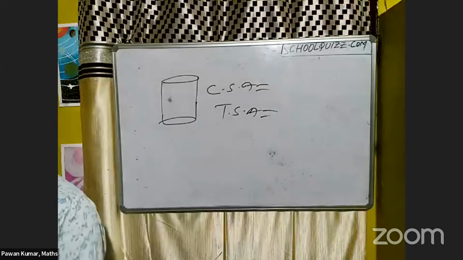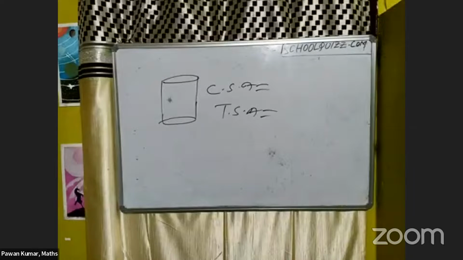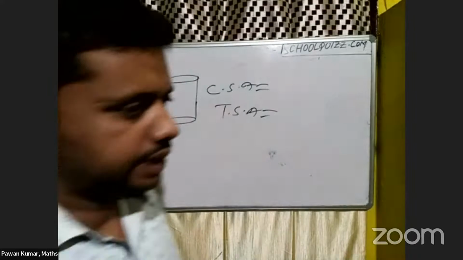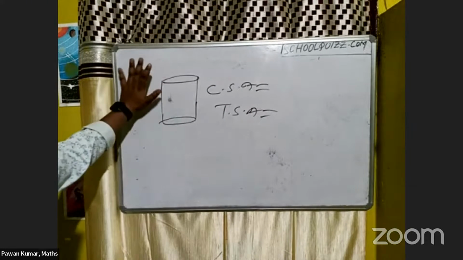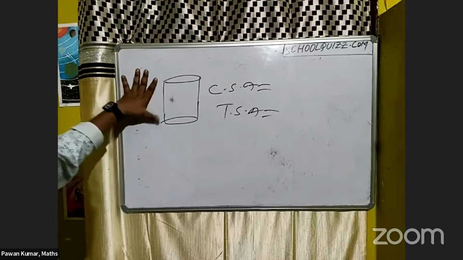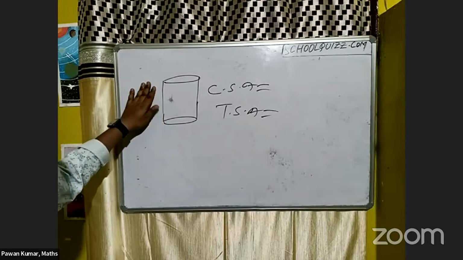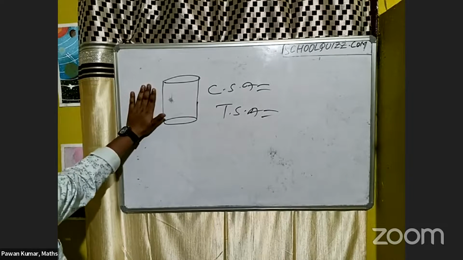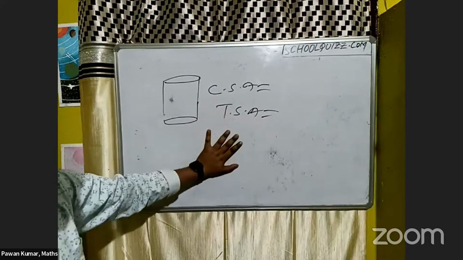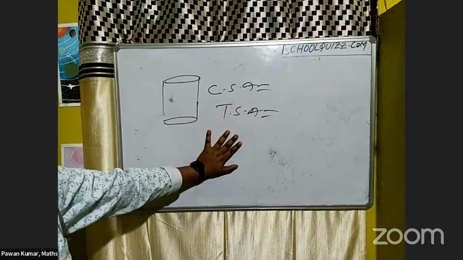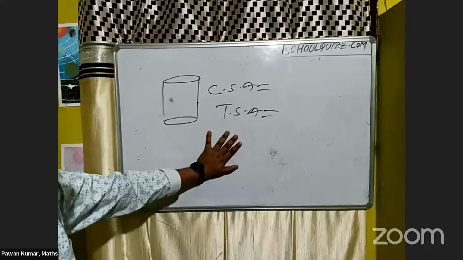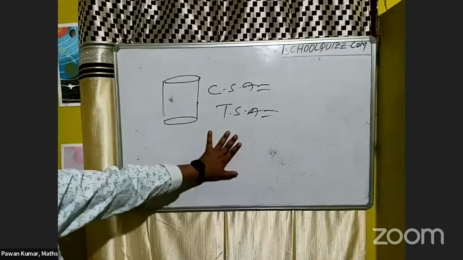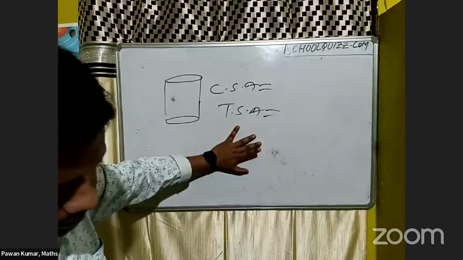Correct. That is what comes. On that day also I told you how you can define this using the concept of two-dimensional figures, how you can find that CSA and TSA. What is the CSA of a cylinder? 2 pi RH.